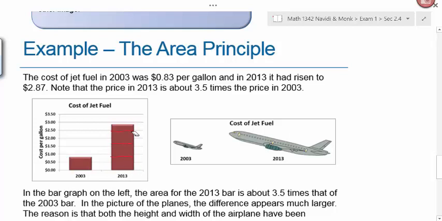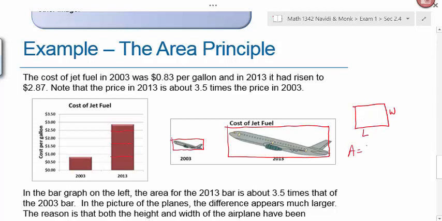But if I represent the same information using a picture, it looks like we could fit way more than 3.5 of these little airplanes inside of this big airplane. That's because my dimensions have changed not along one axis, but along two. When we're finding the area of a rectangle, we multiply length times width.